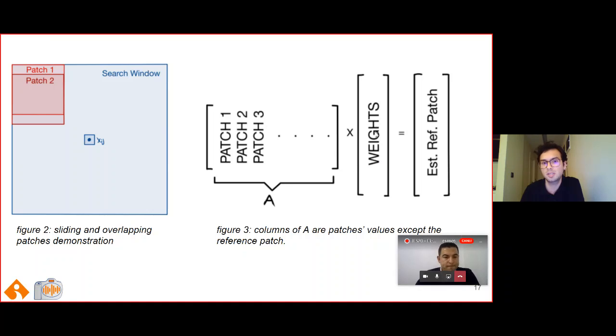By using these weights and the A matrix, we get the estimated version of the reference patch. But we do not use the whole reference patch values. We extract only the value for the estimation of the reference pixel and put it in the right place of the reference pixel. We are not replacing the patches, we are replacing the pixel values.